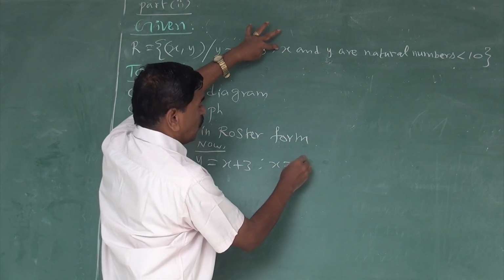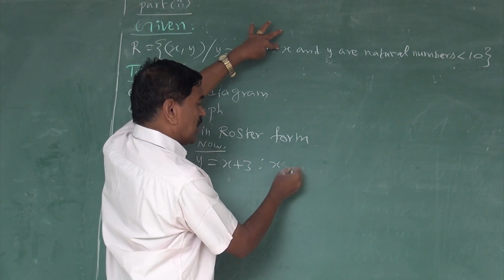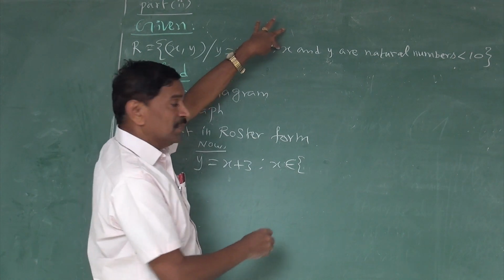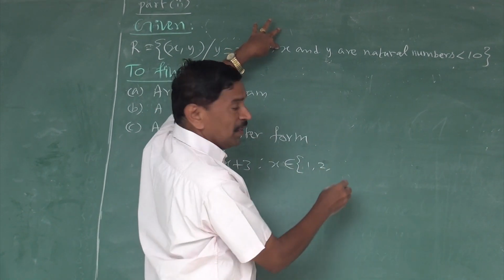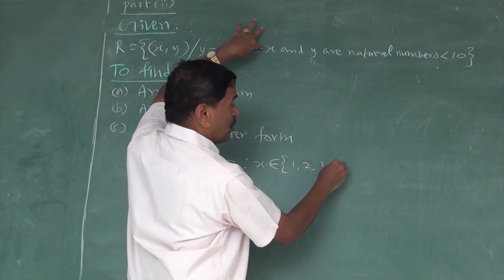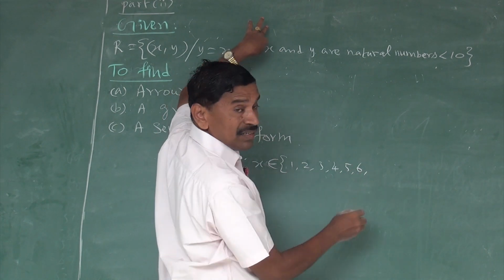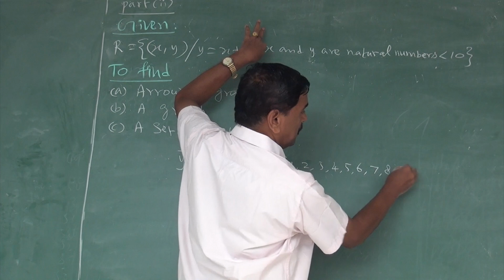So x belongs to, or x is equal to, both are correct, no problem. That is, x belongs to the elements from 1 to 9: 1, 2, 3, 4, 5, 6, 7, 8, 9.